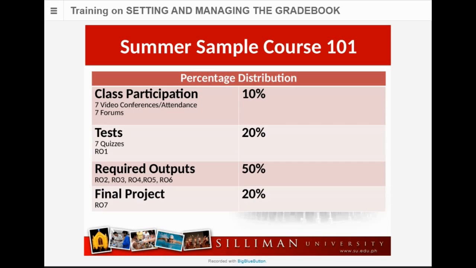For example, you have a separate distribution for midterm, a separate distribution for the final, and a portion of the midterm grade will be added to the final grade. We can do that. The gradebook is a very flexible feature in Soul. What we presented is very helpful and appropriate for the summer term.